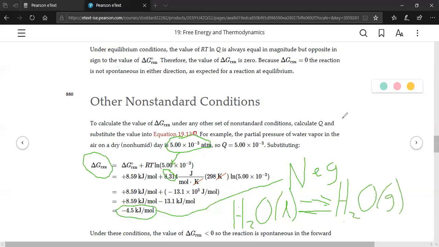If my delta G is negative, meaning that I'm not at equilibrium, then which way does this thing have to shift to move toward equilibrium? Forward, right? Got to shift forward. So that's going to shift forward until it reaches equilibrium.